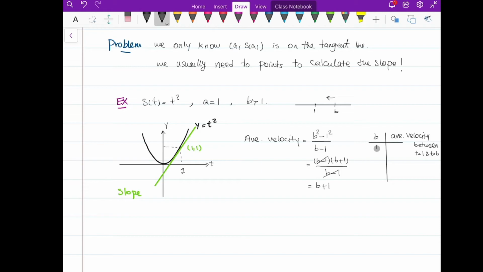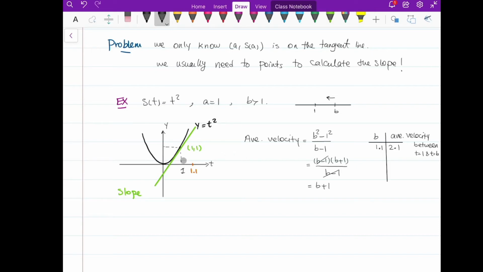That's why I don't need 1 in here. Let me change it to 1.1. So somewhere in here, 1.1. That is close to 1, but it's not exactly 1. So at 1.1, just plug it into the average velocity, calculate that, and you get 2.1.